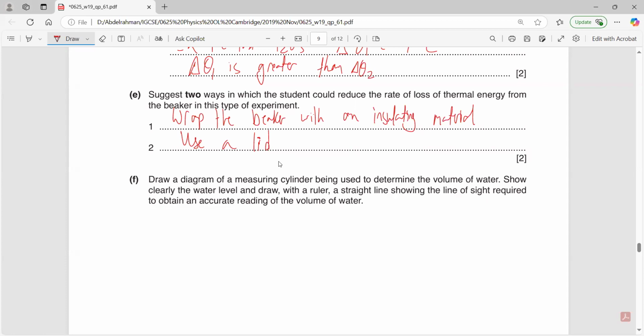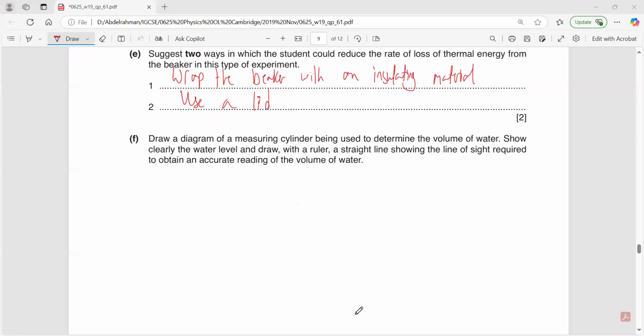Next question. Draw a diagram of a measuring cylinder being used to determine the volume of water. Someone might say, can we use a shiny material? Well, the question is asking you to deal with the beaker that you have. This beaker is usually glass, so it's kind of colorless.